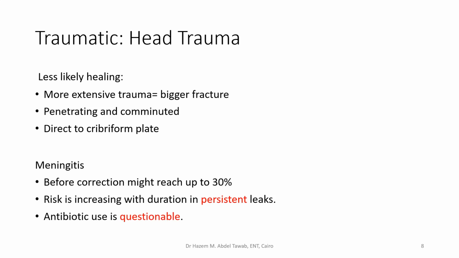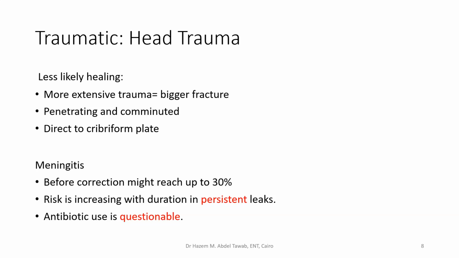So, meningitis. As we have said, we should not forget it, we should not neglect it. Actually, it is the reason why we are moving to repair the CSF rhinorrhea. Meningitis can happen before correction of the CSF leak, and according to the literature, it might reach up to 30% before going to repair.